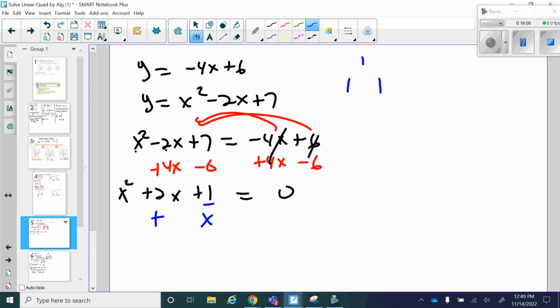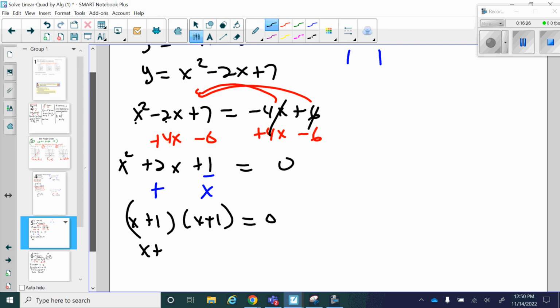Right, 1 times 1 is 1. So therefore, I'm going to have x plus 1 and x plus 1 equals 0. So x plus 1 is equal to 0, and x plus 1 is equal to 0. x is equal to negative 1.